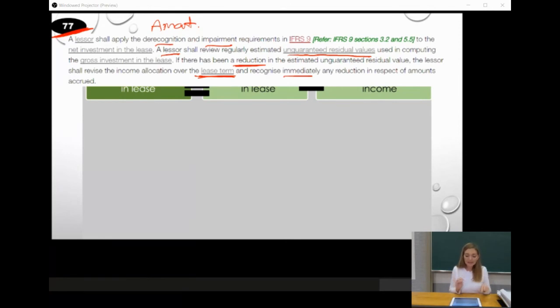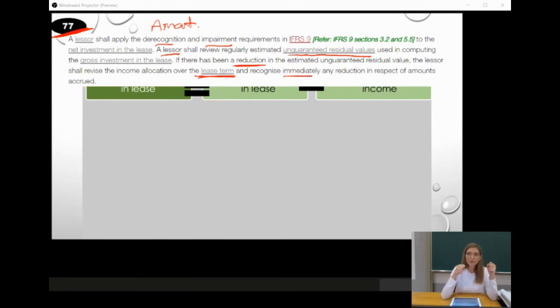First of all, paragraph 77 tells us that if our unguaranteed residual value goes up, we don't have to worry about it. If it goes up, then that's fine, that's good, we'll get the benefit in the future. We only have to worry about when it goes down. Which is weird because it's not in line with the conceptual framework that talks about neutrality, that we should be neutral for positive and negative amounts.